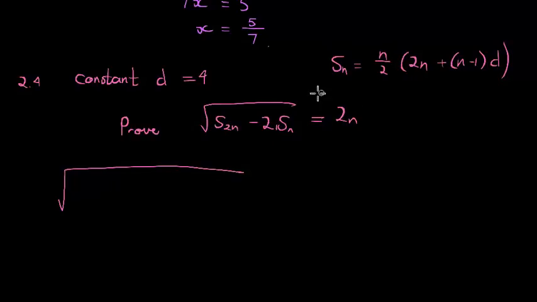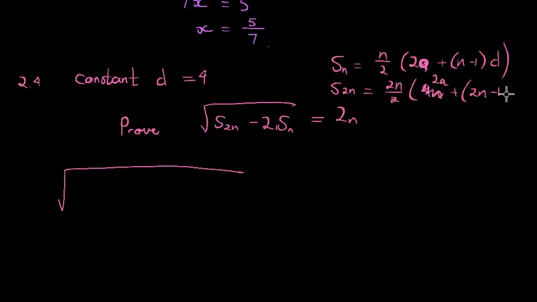So S2n will equal 2n over 2, and then sorry, it's not an n there, that's an a. So that doesn't change. This is 2a, but this becomes 2n minus 1.